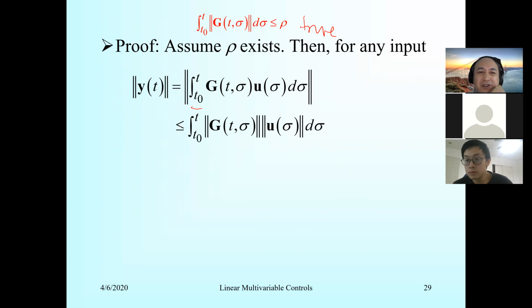Then of course we use the norm triangular formula, for example, the norm of x times y is less than or equal to the norm of x times the norm of y. This is called the triangular formula.